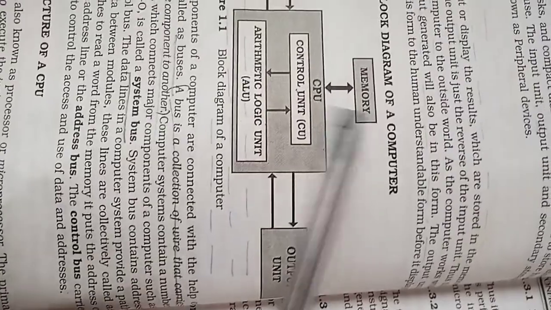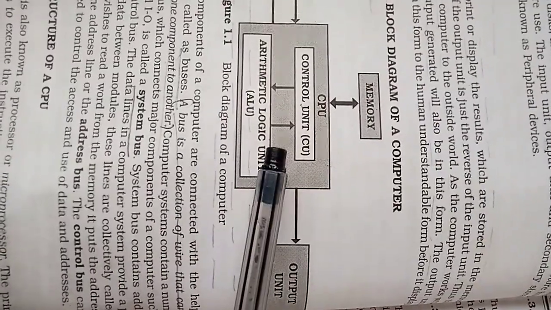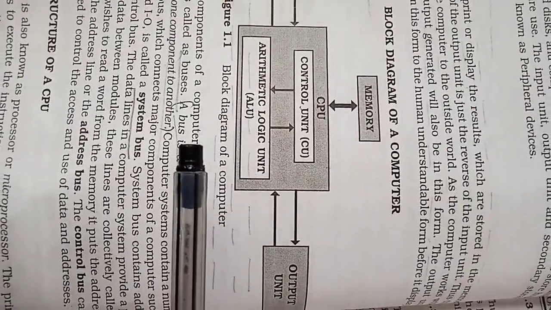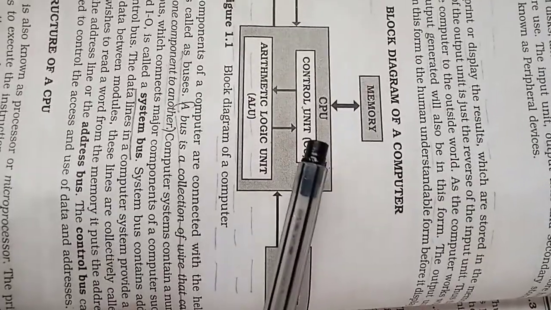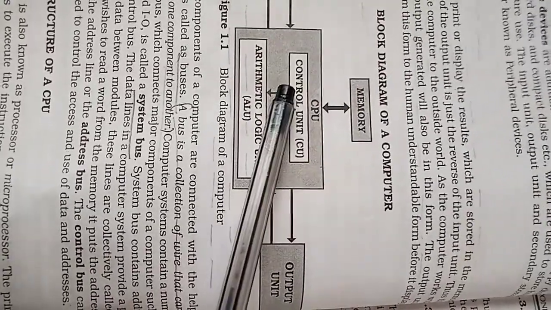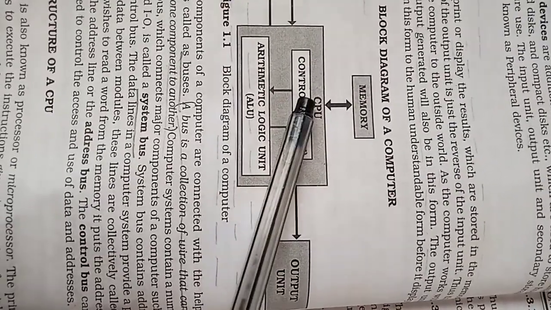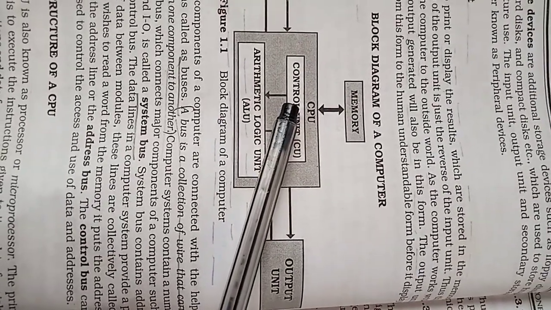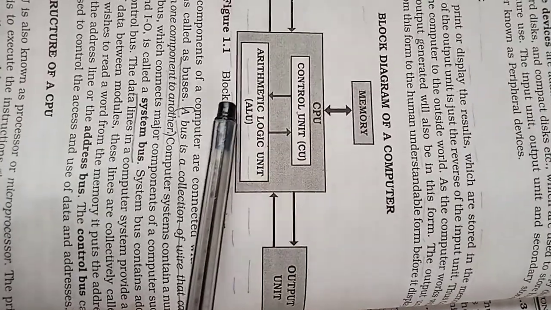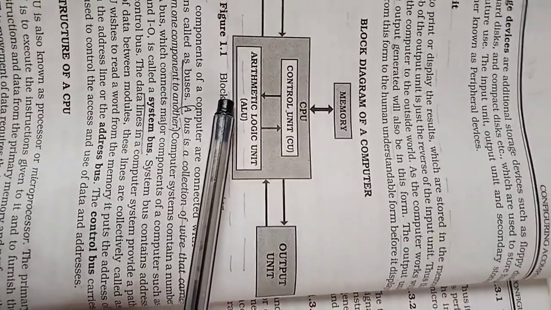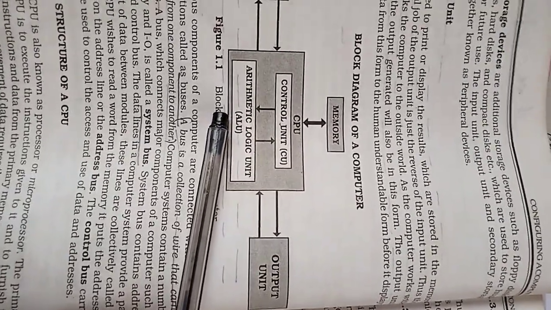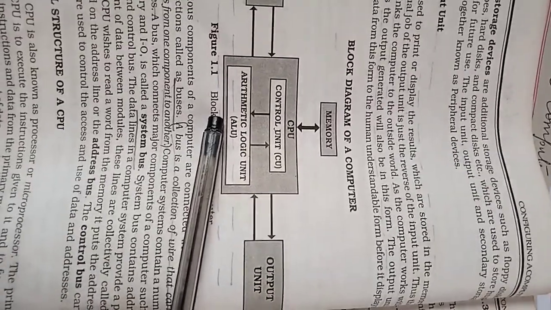Next we have the memory unit, which is the CPU, central processing unit. In the CPU we have a control unit and an arithmetic logic unit, ALU. The control unit is used to control the other devices, and the arithmetic logic unit is used to perform arithmetic and logic operations.